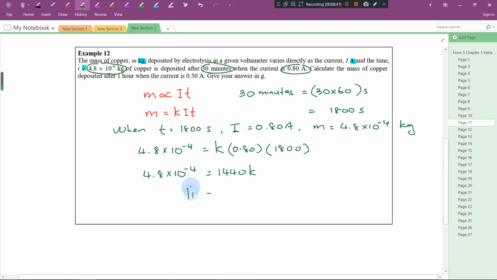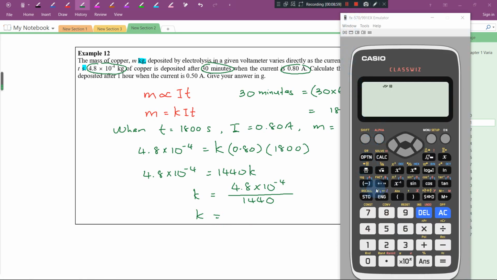Okay, we have a K over here. So K is equal to 4.8 times 10 power negative 4 over 1440. Okay, find the value of K. Let me key into the calculator first. 4.8 times 10 to the power of negative 4, divided by 1440.